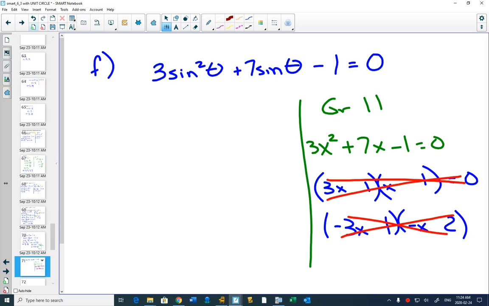What do you do when you can't factor? You give up. Excellent. I love that strategy. Wonderful. The quadratic formula, yes. Or complete the square. And guess what? The quadratic formula is on your formula sheet this year.